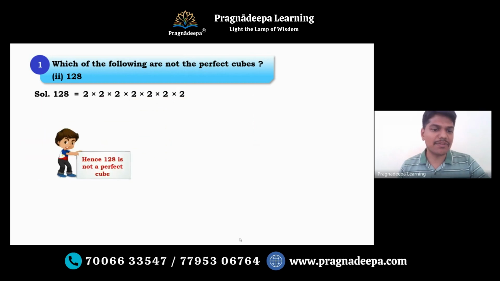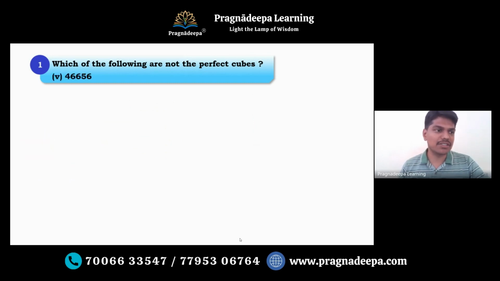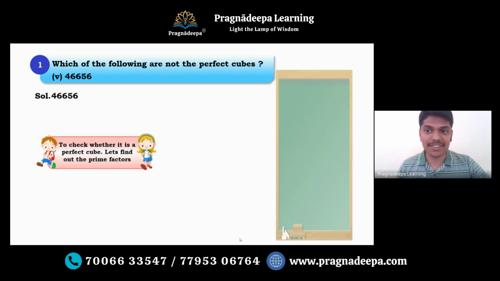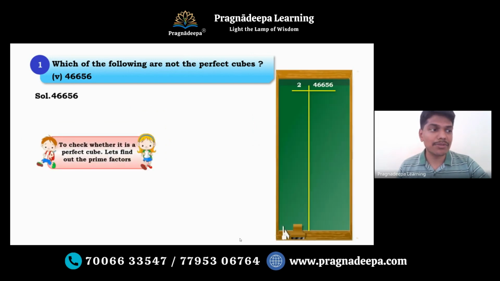Perfect. That type of problems I am doing. Suppose I have taken a very big number, 46,656. Is it a perfect cube or not? It's a long procedure, but we can do it. Let's try to find the prime factorization of 46,656. Is it divisible by 2?